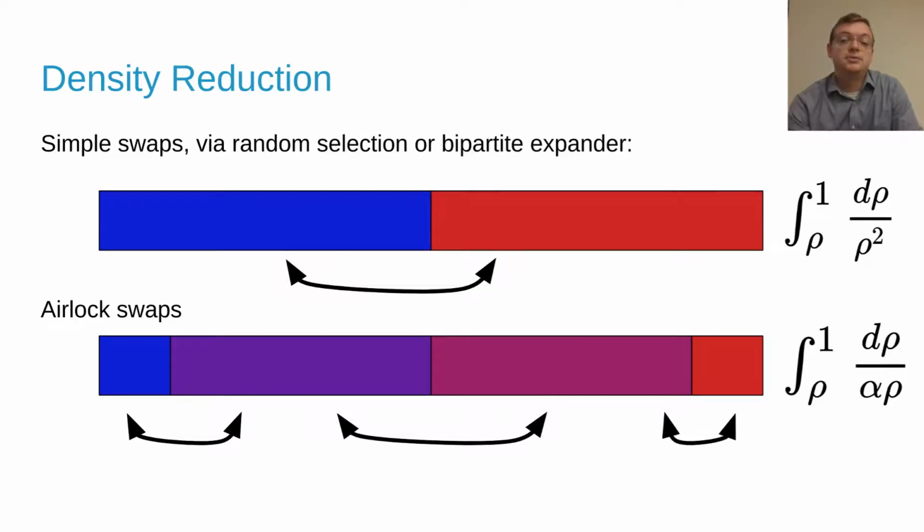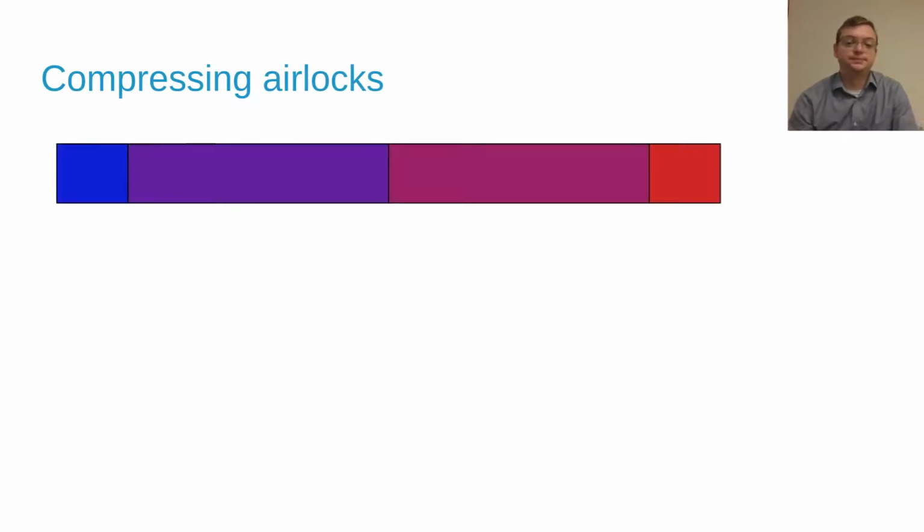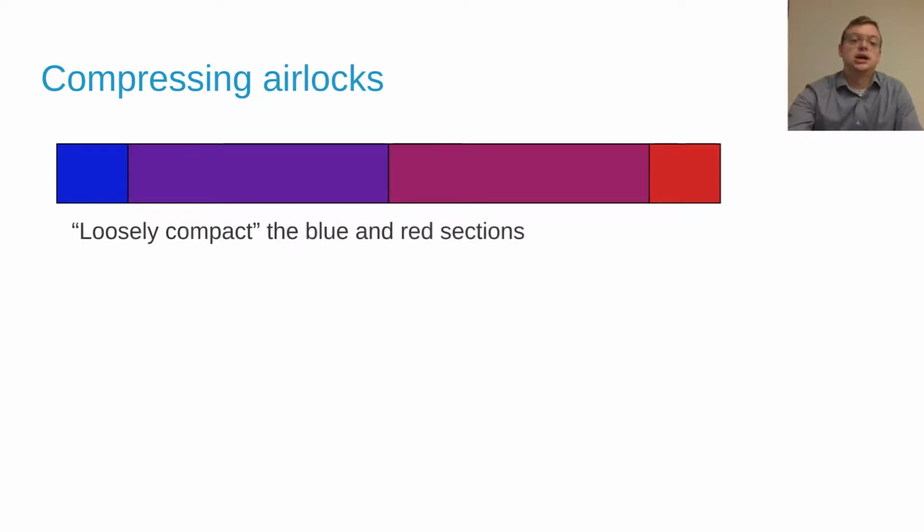And in terms of time, you improve from 1 over rho to log rho. So this is the starting gadget we use: we isolate some constant size fraction of our array that will be pretty dense in one color. Then we have a tool that loosely compacts those dense areas.